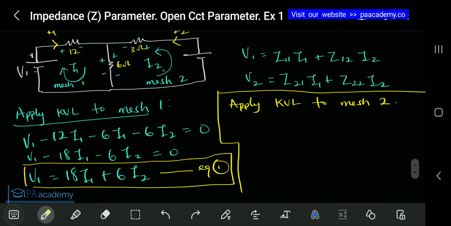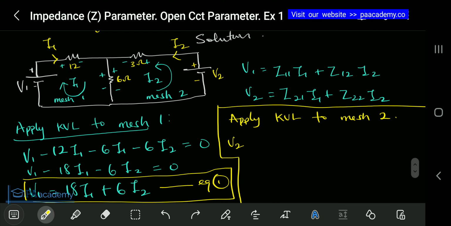So if you look at the direction, this is the direction that it is going for the current. So this is our V2, this is our positive, negative. So let's just start from there. So that means we are going to be having V2, because from negative to positive. Then this is the next component there.